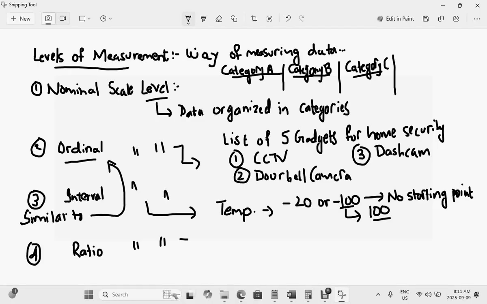All right, next up you have your ratio. Ratio has to do with a certain fraction, for example. Just like ordinal and interval scale data, ratio is ordered, but it is basically calculated. So if you have a fraction, or let's say you have information on your exam marks.